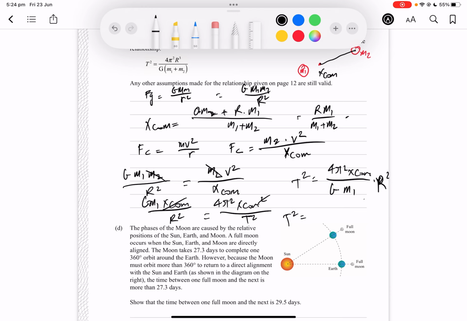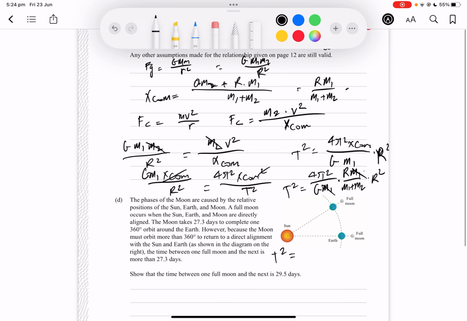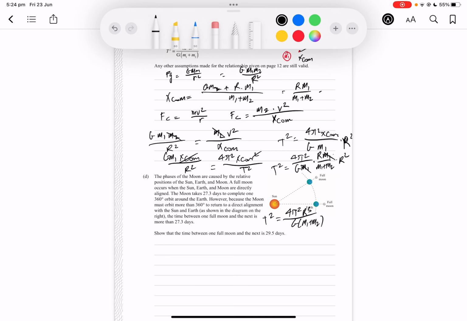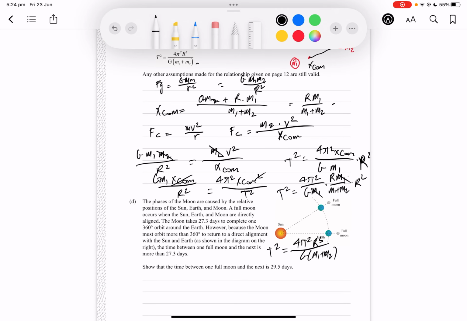So T squared equals 4 pi squared over G m1 multiplied by R m1 over m1 plus m2 times r squared. m1 and m1 will cancel each other out. And now we have T squared equals 4 pi squared R times r squared, which is R cubed, over G times m1 plus m2. And look at that, that's exactly what was required for the question. Correct derivation there, and this will be a 2-mark question if you can get the derivation correct.